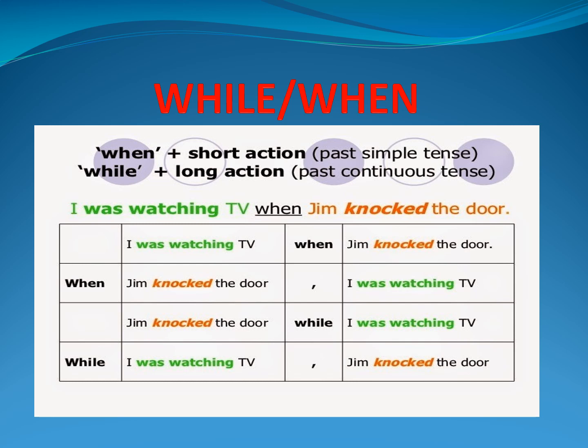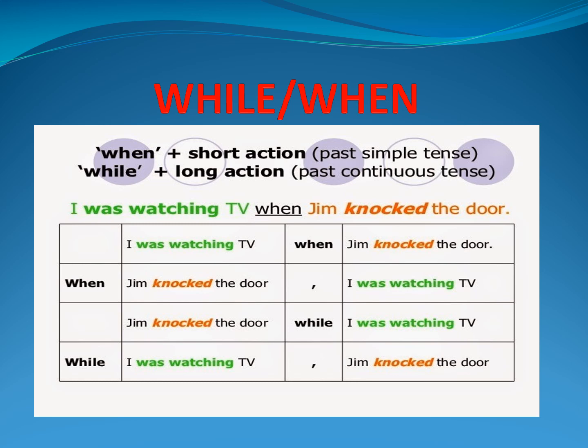I was watching TV. That movie is going to be for a long time, maybe 1, 2, 3 hours. But suddenly, at the moment I was watching TV, Jim knocked the door. So I was watching TV is a long action. Jim knocked the door is a short action.